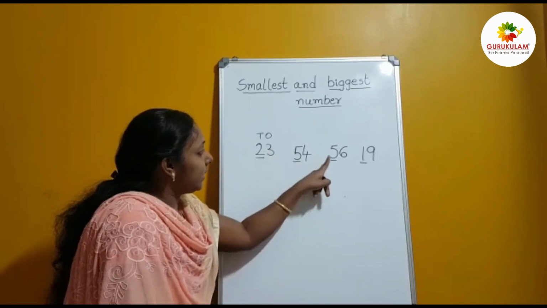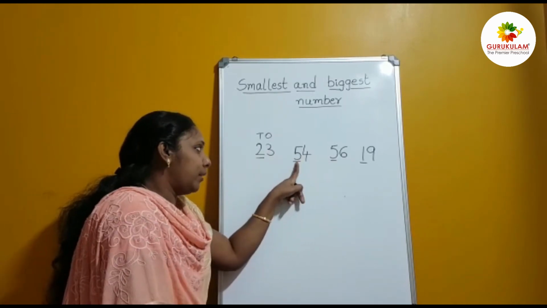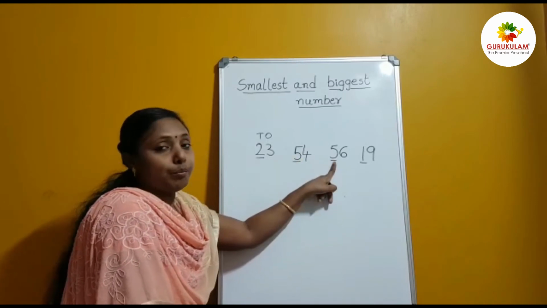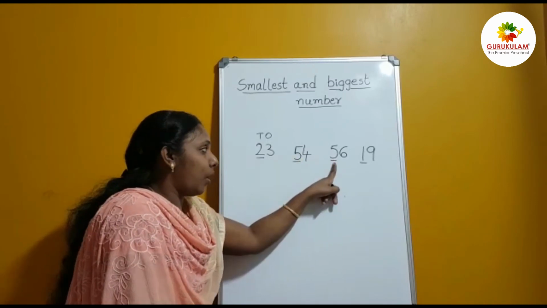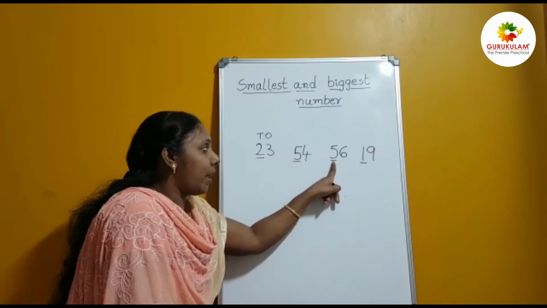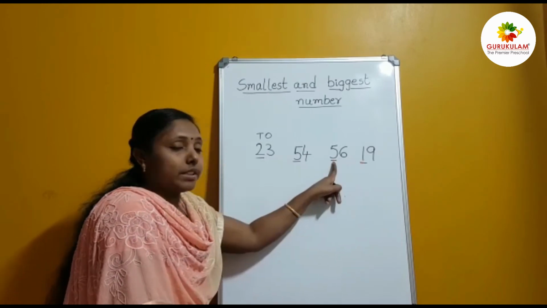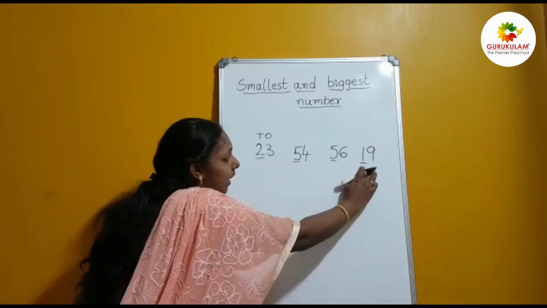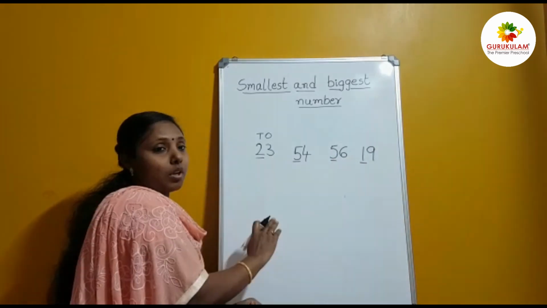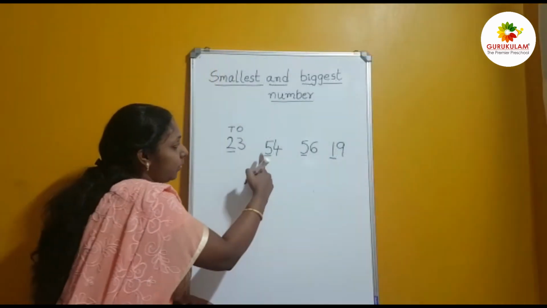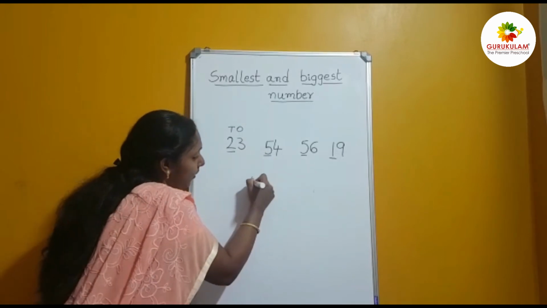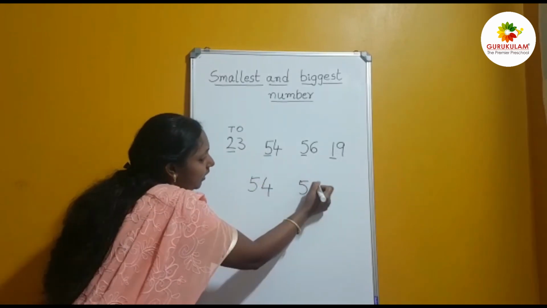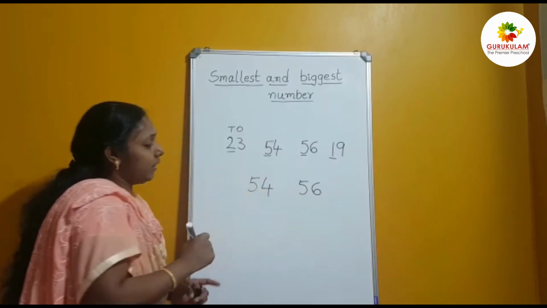Now, let's see the next number. When we compare 5 with 5, both are same. Now, one more number. Compare 5 with 1. 5 is the bigger number. Now, 23 and 19 are smaller numbers. Now, 54 and 56 are bigger numbers.